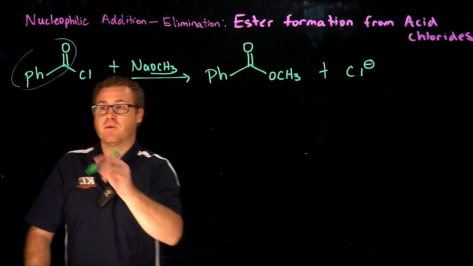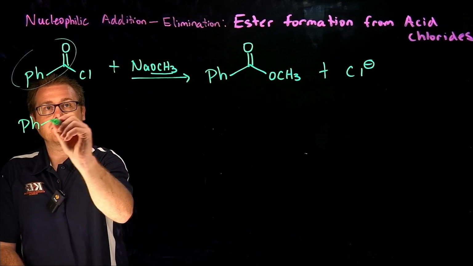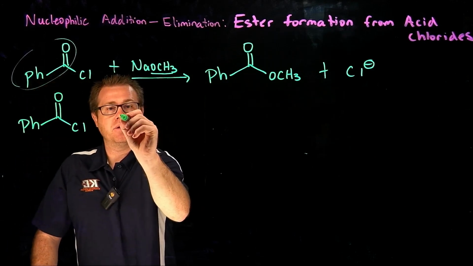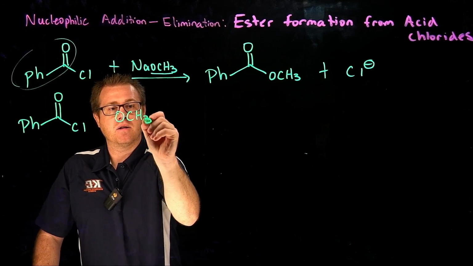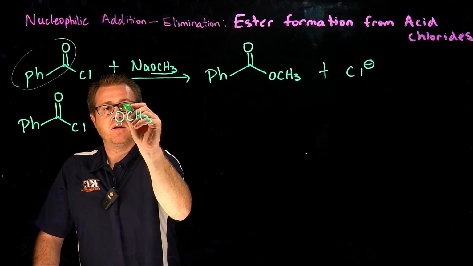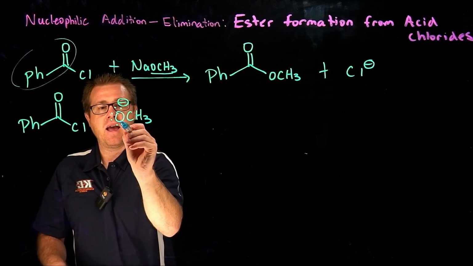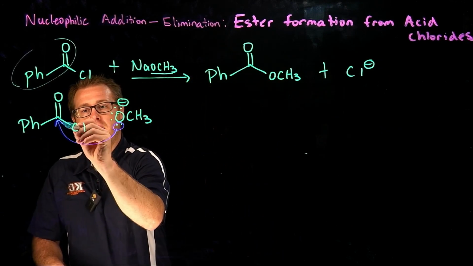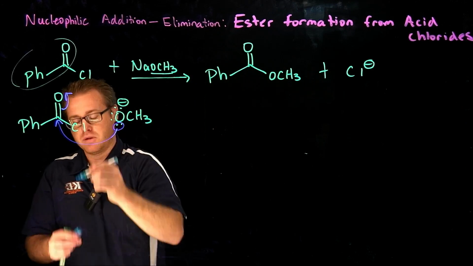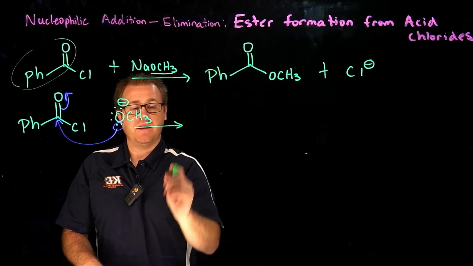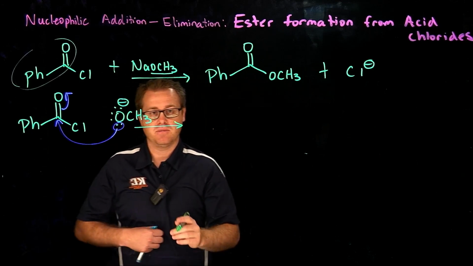And the mechanism for this is we will see that our sodium methoxide, we'll use that version right there, and we will have a nucleophilic addition. And this reaction is not reversible.